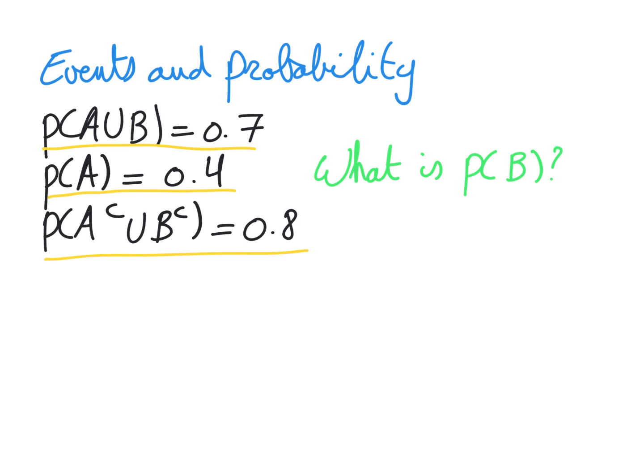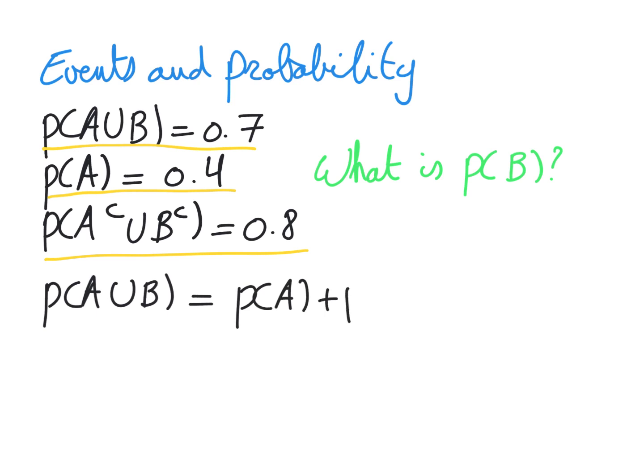First of all, we know what the probability of A union B is, so maybe we can use the sum rule. So recall that the sum rule says that the probability of A union B is in fact the probability of A plus the probability of B minus the probability of the intersection. So a few things we already know.